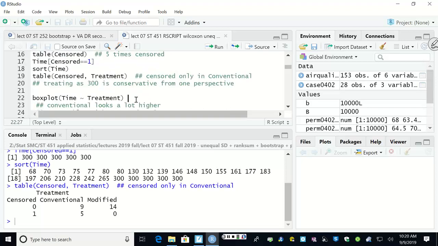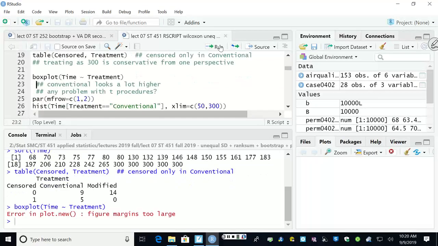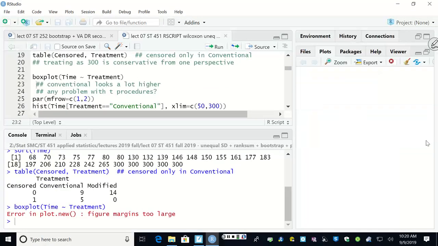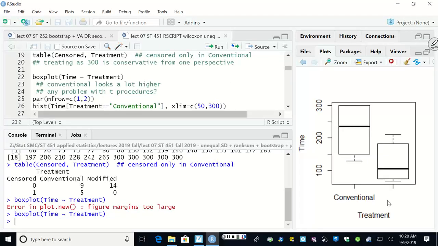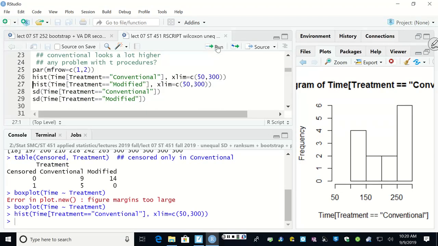But anyway, I still have the data for us, and here's the plot. It looks like the conventional is much higher than the treatment group. Here's the plot for the conventional.